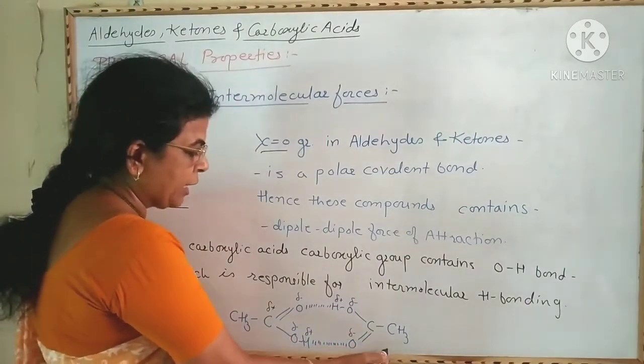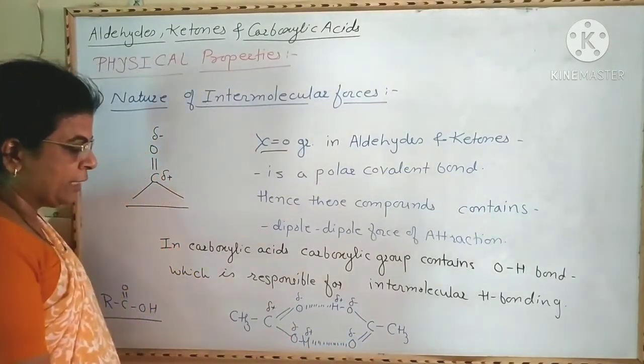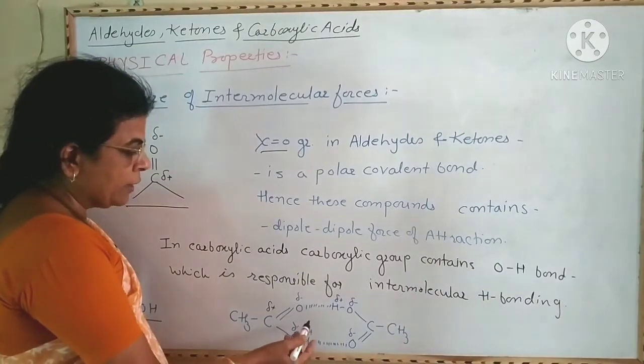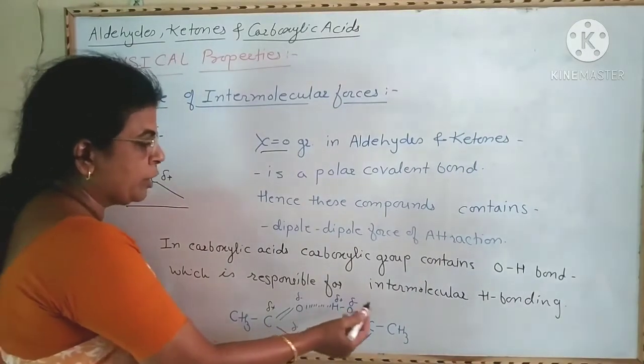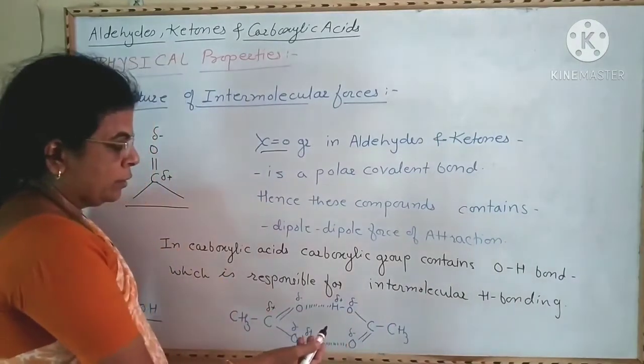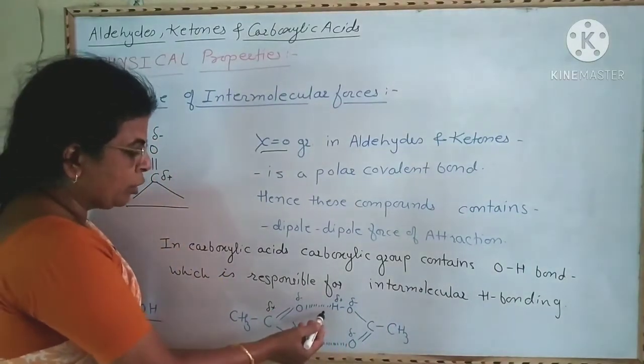A similar case happens in this second molecule of acetic acid, and therefore here, due to presence of this OH bond, there is formation of intermolecular hydrogen bonding.